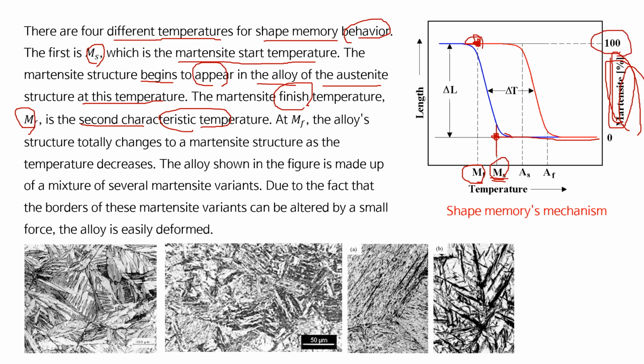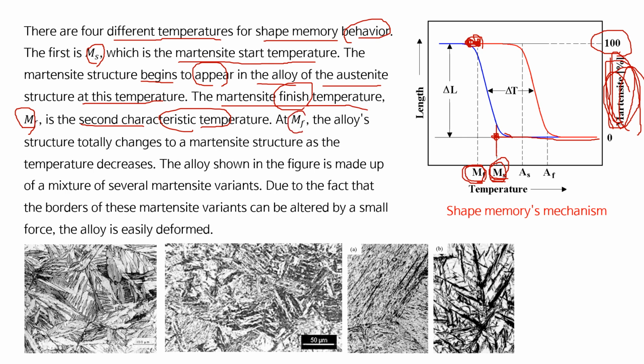So at the martensite start temperature there is zero martensite structure, but at the martensite finish temperature, all the structure consists of martensite.